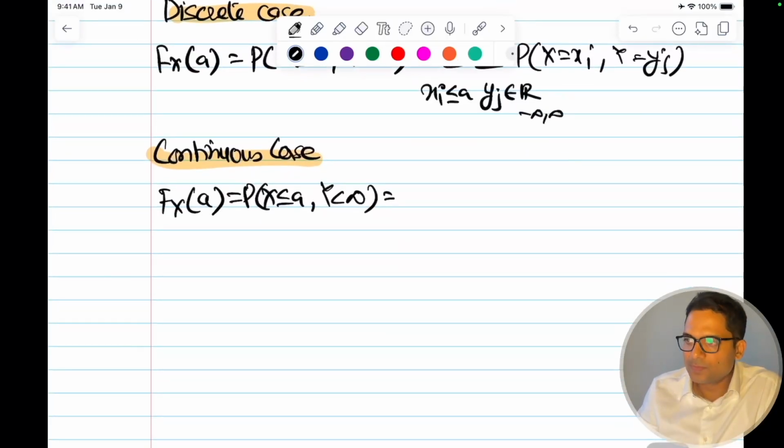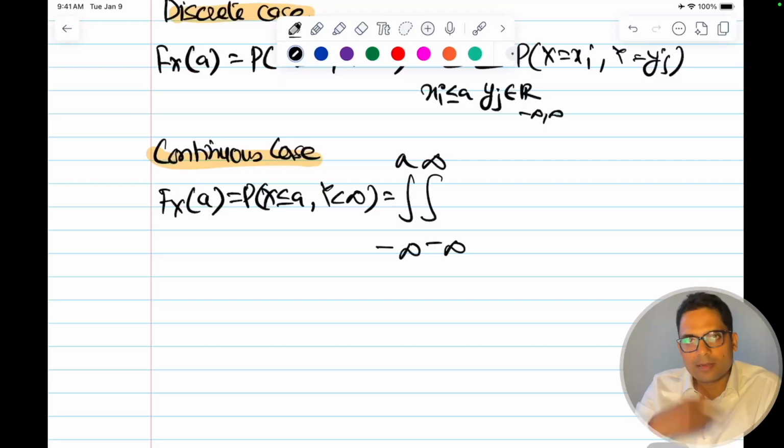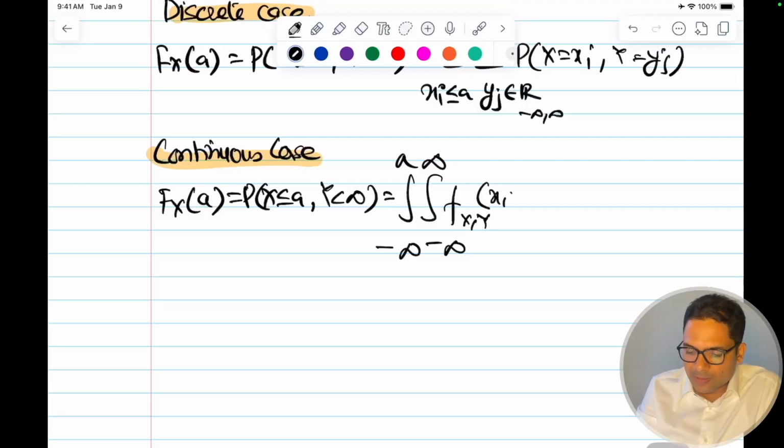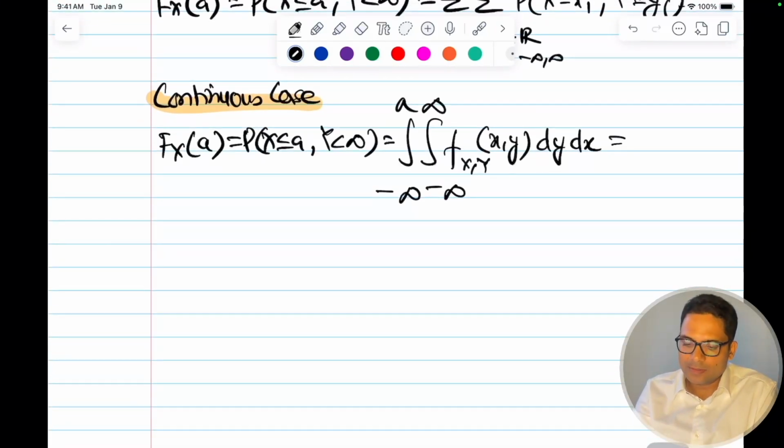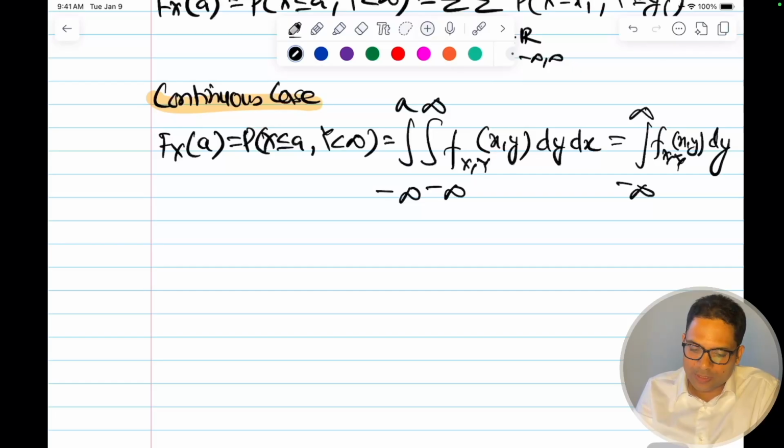This is equal to, x will range up to a, and y will be the complete range, minus infinity to infinity, and then we will have the joint PDF, and we'll integrate it over the complete dy dx range. So this is equal to the integral from minus infinity to infinity of f of x comma y, and we'll integrate it over dy, as I mentioned earlier.